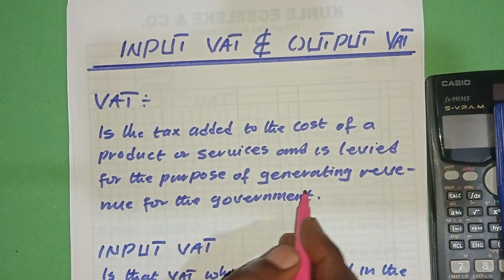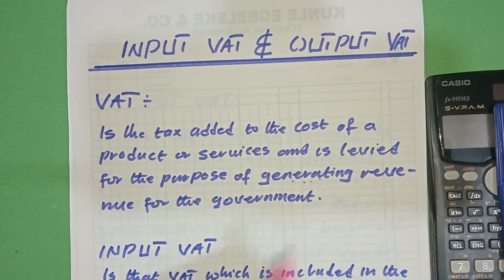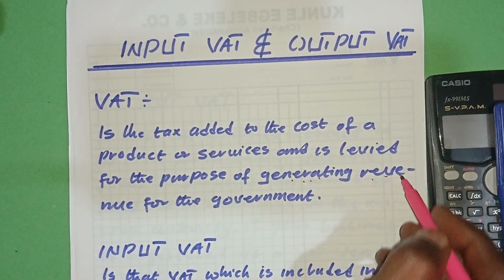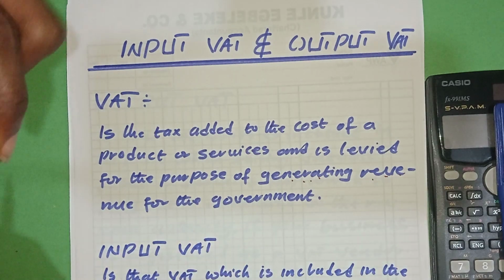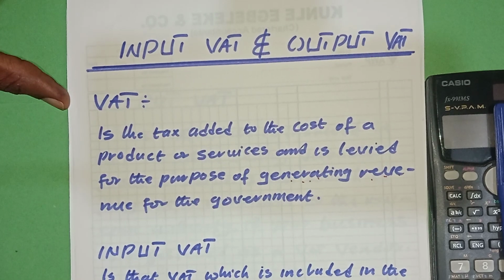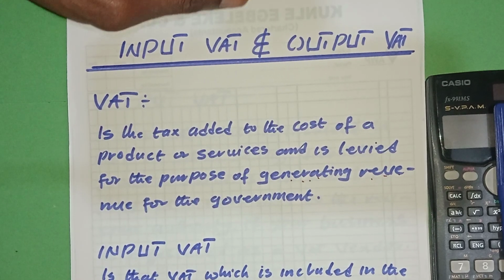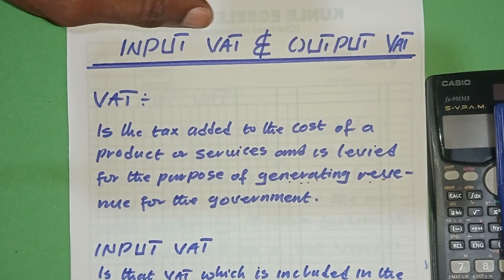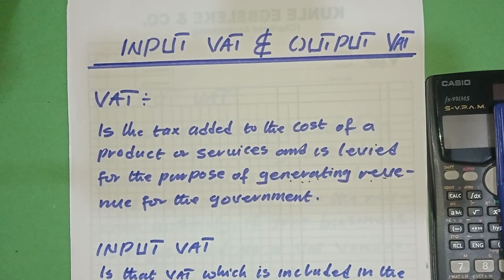The government, for the purpose of generating revenue for the government, so that the government can use it and carry out their social responsibility, build roads and do other things.